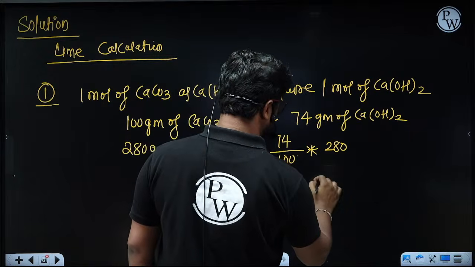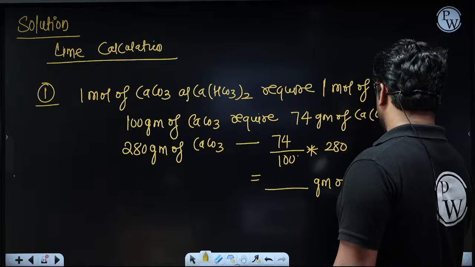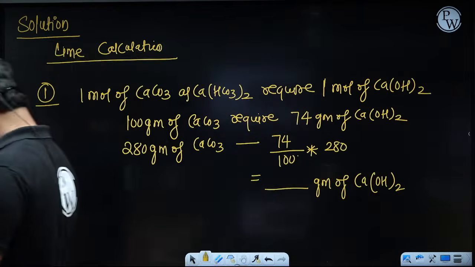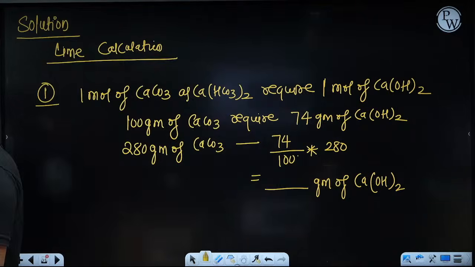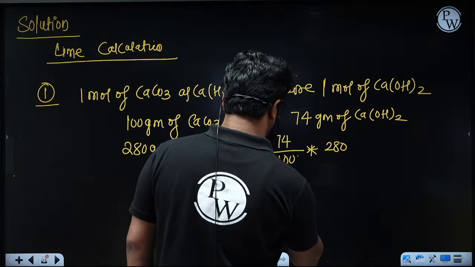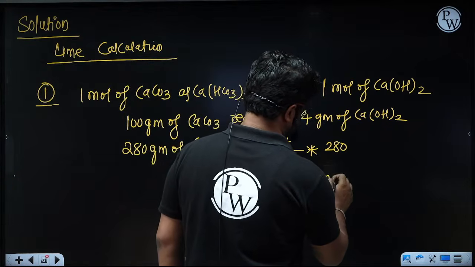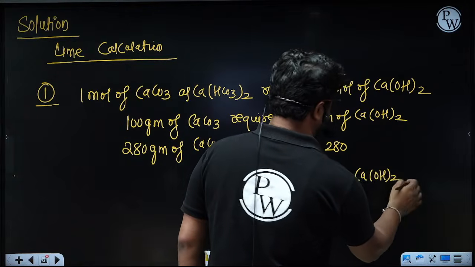How much will it be? According to my calculation, I'm getting around 207.2 ppm of Ca(OH)2. That much will be required.